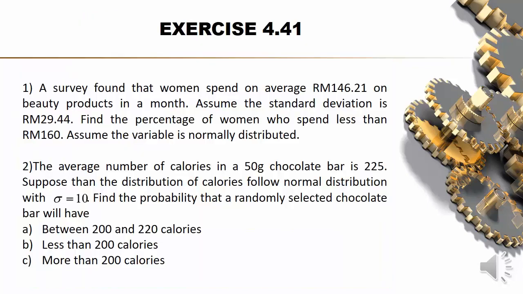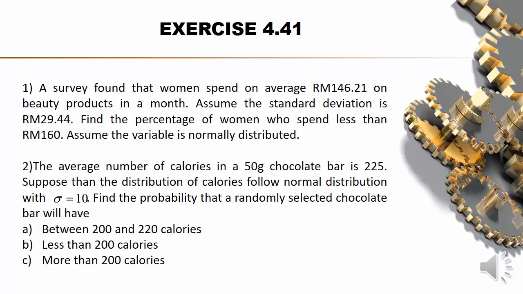Okay, and the last exercise for normal distribution. It is a problem statement. Number 1, a survey found that women spend on average RM146.21 on beauty products in a month. Assume the standard deviation is RM29.44. Find the percentage of women who spend less than 160 ringgit.